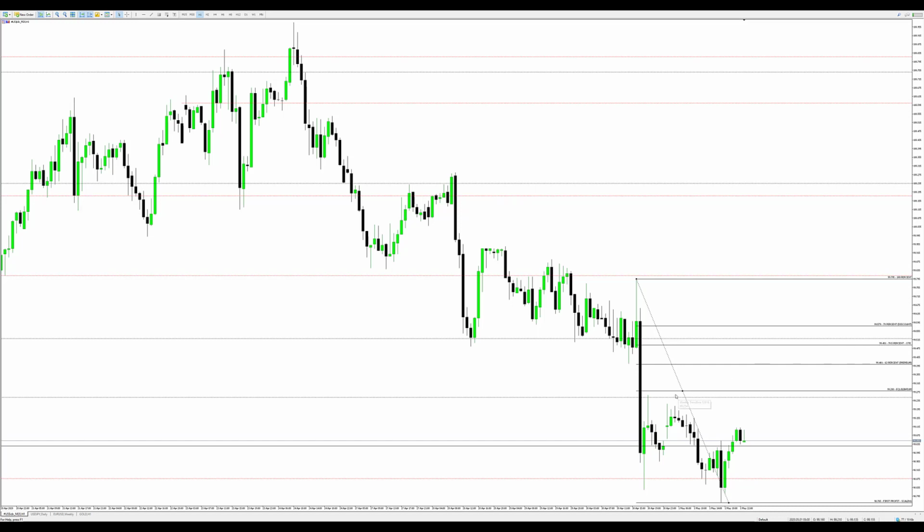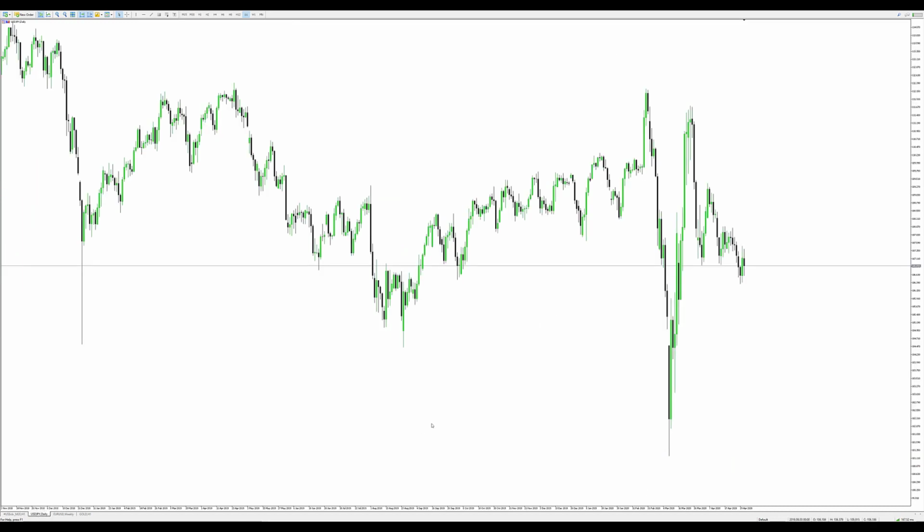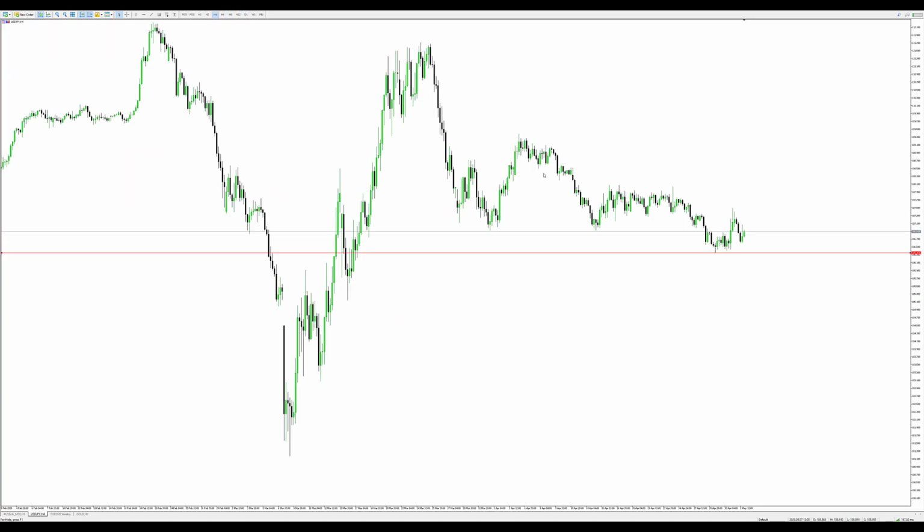So what does that mean in terms of Euro USD and USDJPY? So if we are bearish on dollar index, we're going to be bearish on the yen, right? So the yen, I'm expecting market to push all the way down to this level here. I'm expecting the yen to go all the way down to 106.35 in the coming week, you see.